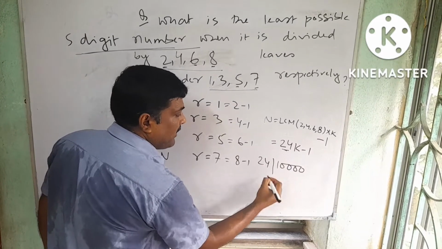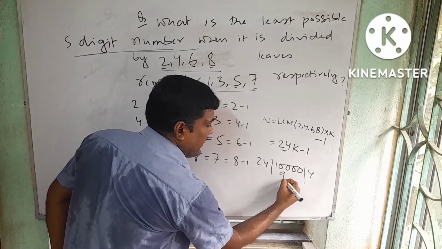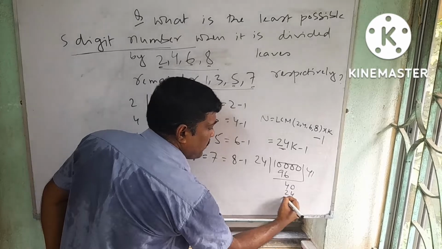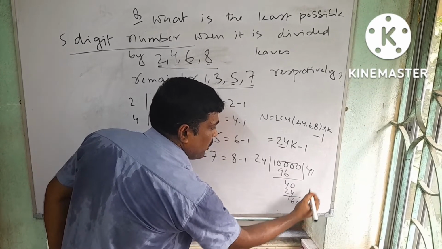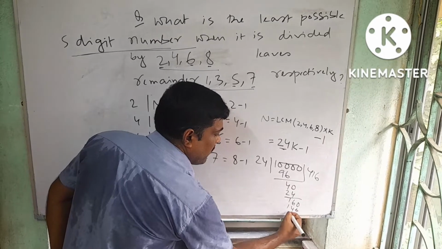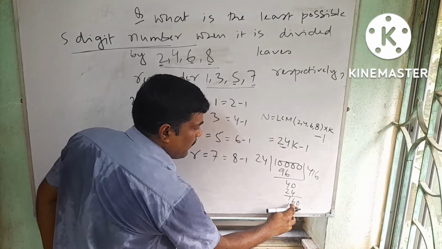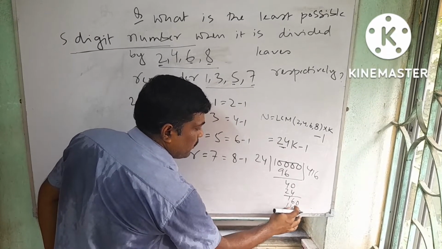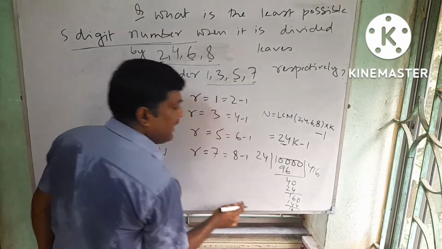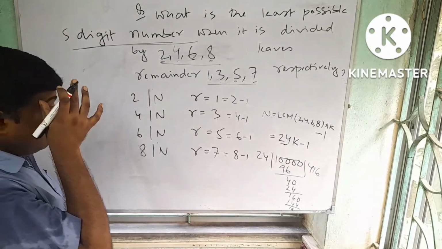So this is 96, 401, 16 0, so it is 6, that is 146, 144, 16. Okay, so dividing the number 10,000 by 24, quotient is 416.